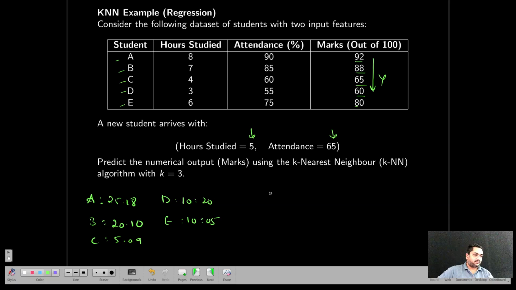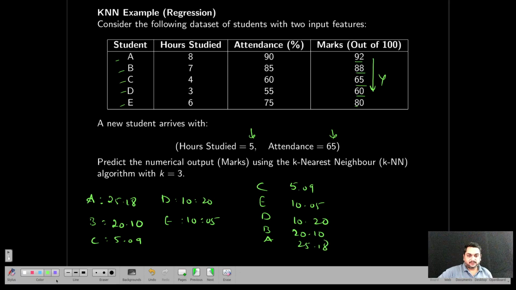So now again you arrange in ascending order, that is C, E, D, B, and A. Now write the distances: 5.09, 10.05, 10.20, B is 20.10, A is 25.18.